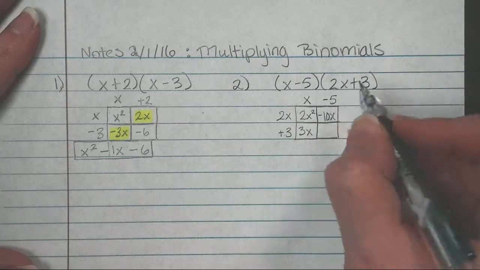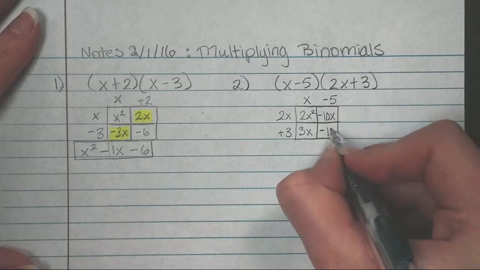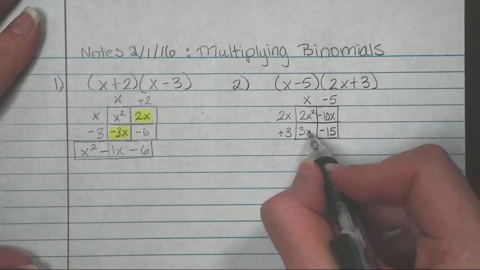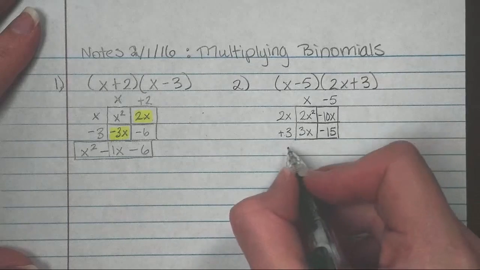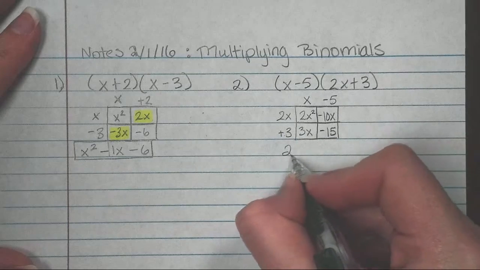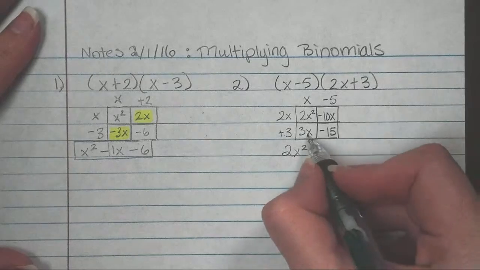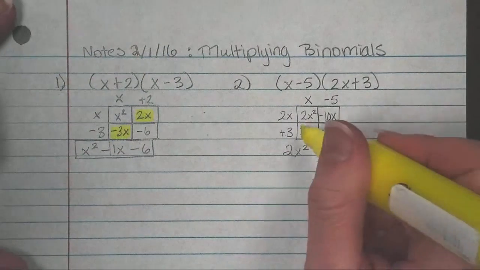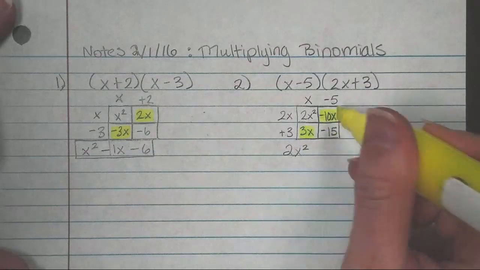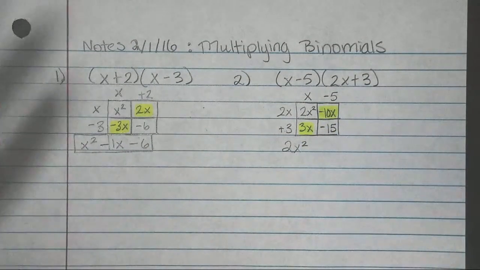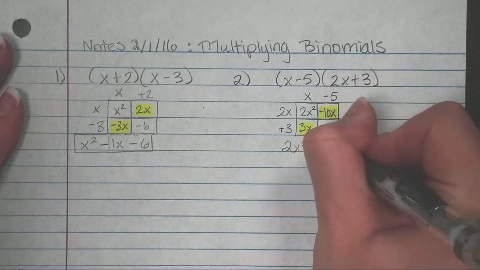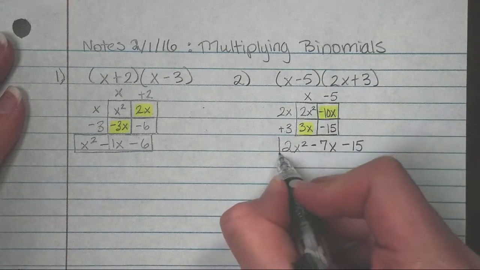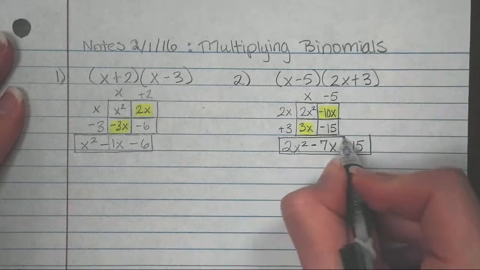And 3 times negative 5, which is negative 15. And then we just have to write everything in order and combine like terms. So first is going to be our 2x squared. And then we have to combine our 3x and negative 10x, which gives us negative 7x, and then we have our minus 15. And there we go.